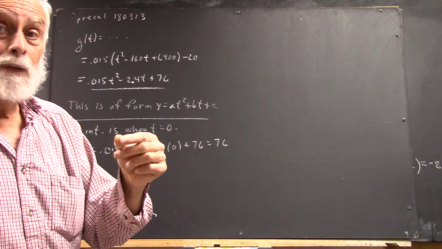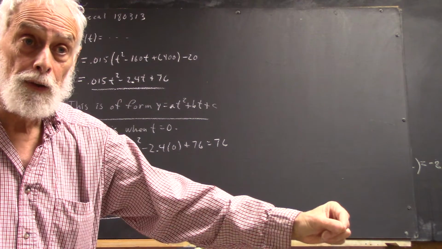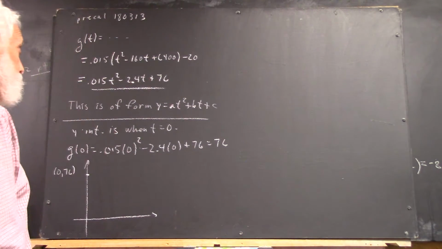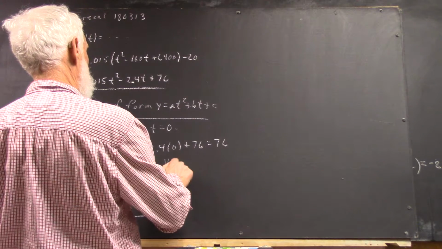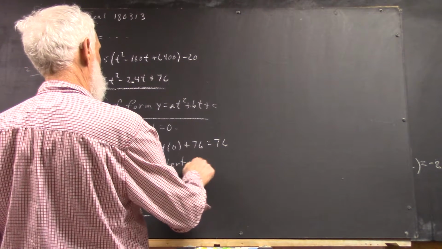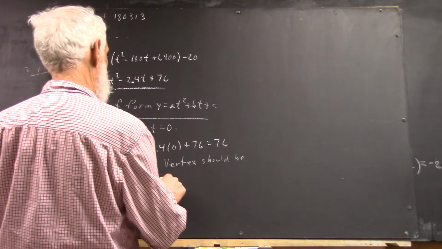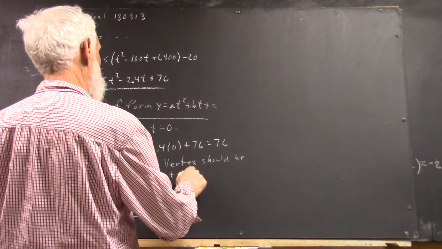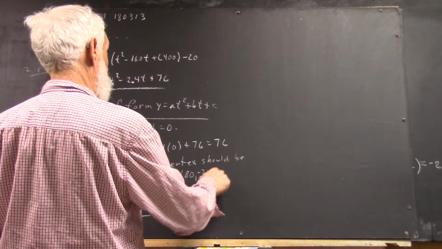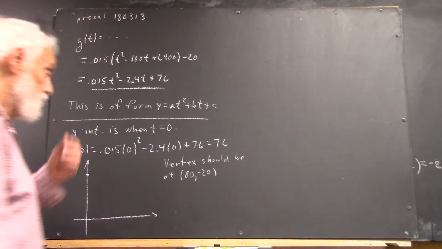Then you shift it 20 units down and 80 units to the right, so the vertex should be at (80, -20), because of the horizontal shifts.